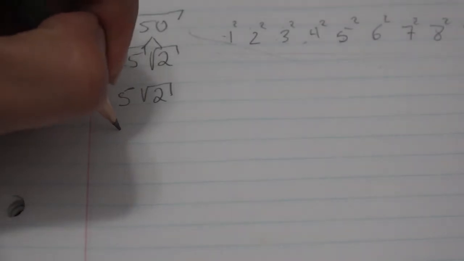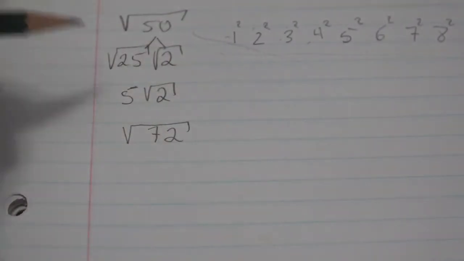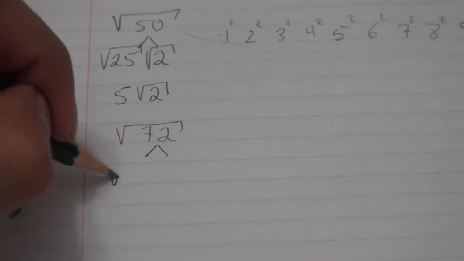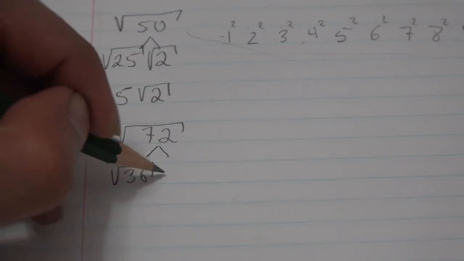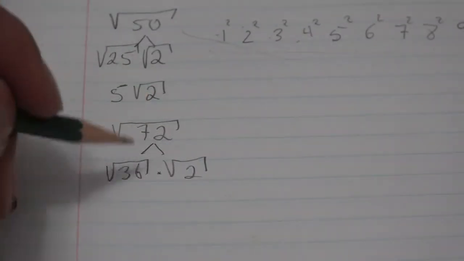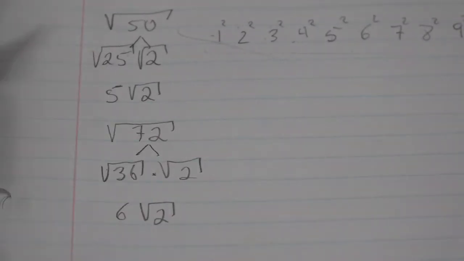Let's say I want to simplify the square root of 72. Okay, 72, I understand that this is 36 times 2. So the square root of 36 is 6. Radical 2, as we said, doesn't have one.